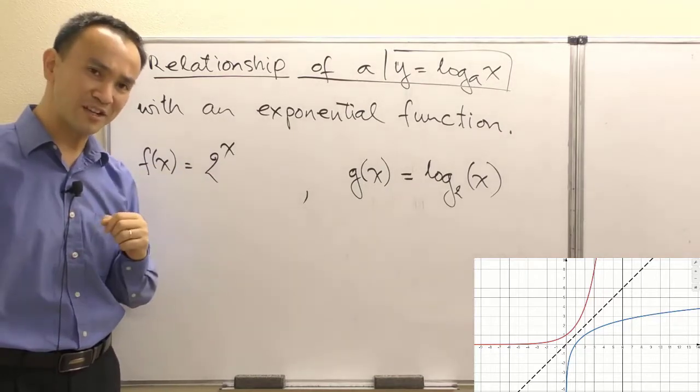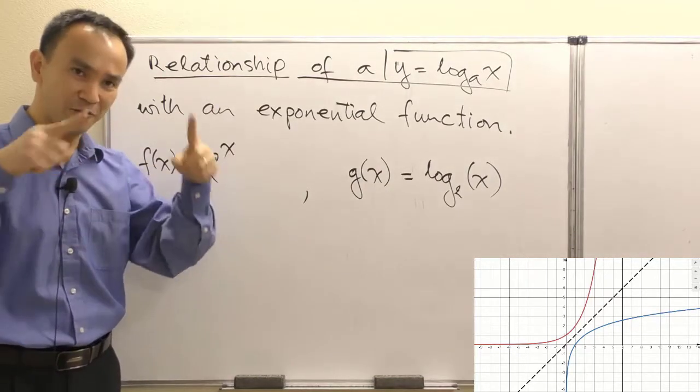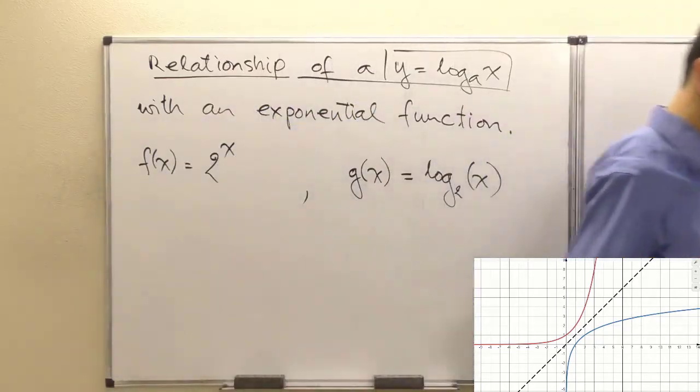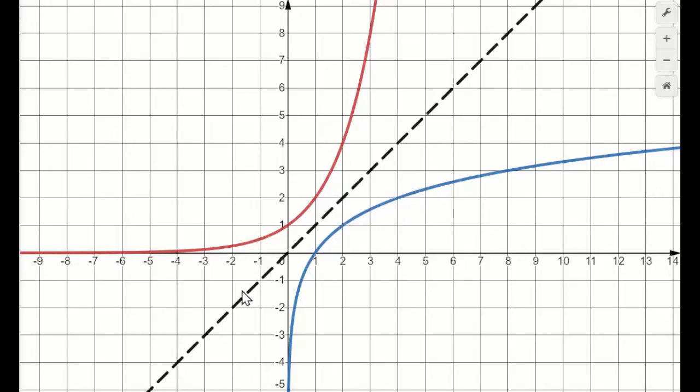One more time, let me bring the entire picture of the graph in full screen view right there. This graph in red is the graph for our function 2 to the x, and this graph in blue is our function log base 2 of x.